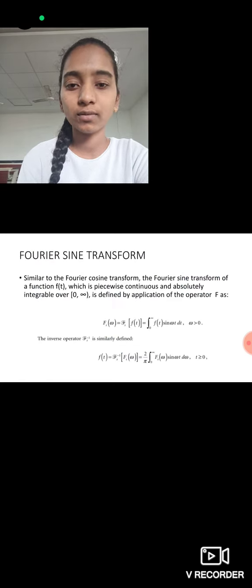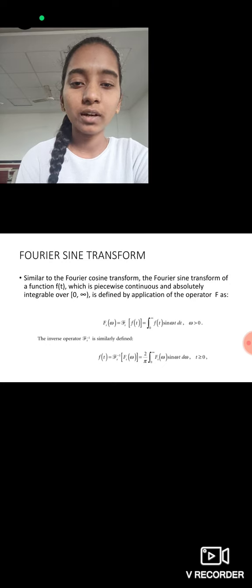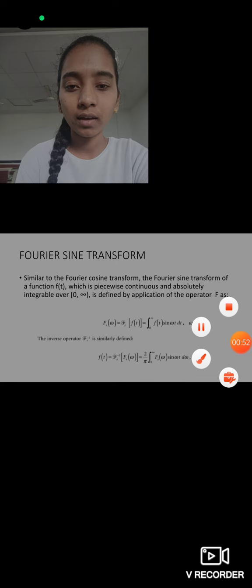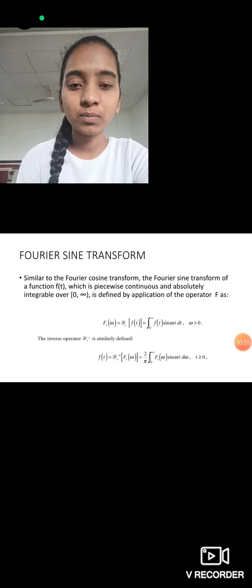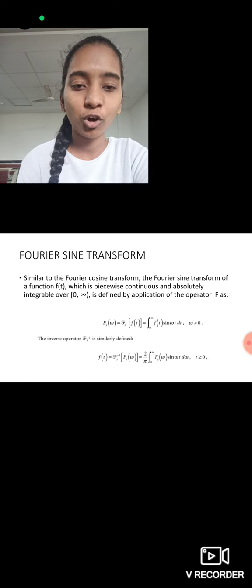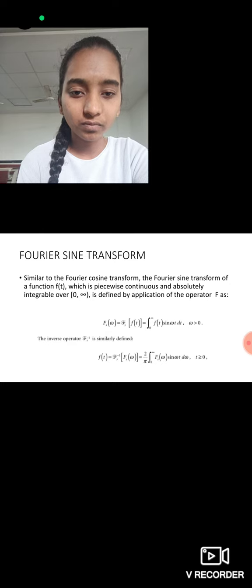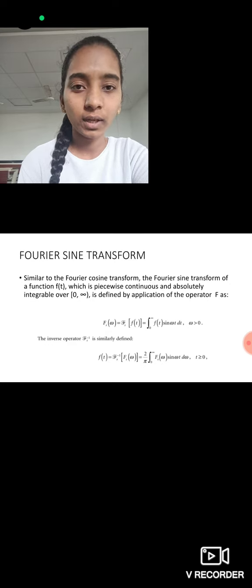Fourier sine transform. Similar to the Fourier cosine transform, the Fourier sine transform of a function f of t, which is piecewise continuous and absolutely integrable over 0 to infinity, is defined by application of an operator F as F of omega equals the integral from 0 to infinity of f of t into sine omega t dt.